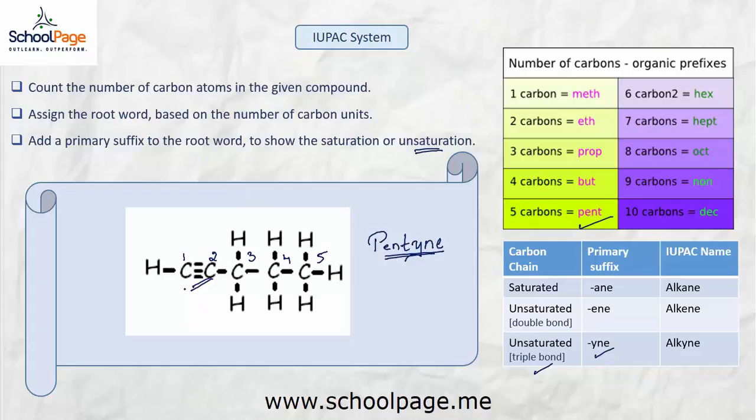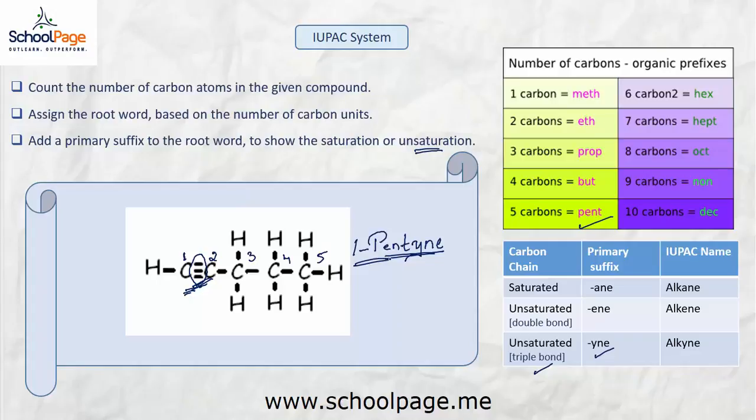We should assign the number for the carbon atom such that the functional group, here the functional group is a triple bond, gets the least possible number. If I go on assigning the carbon number from here 1, 2, 3, then this functional group will get the least possible number. So I can write it as 1-pentyne.